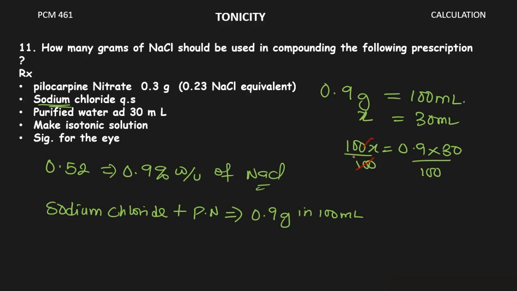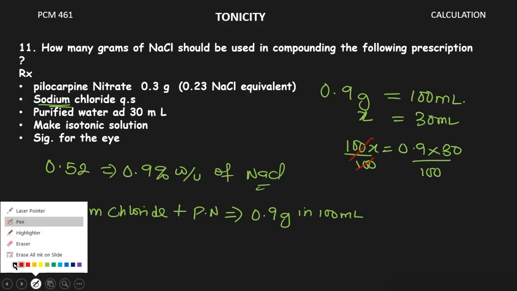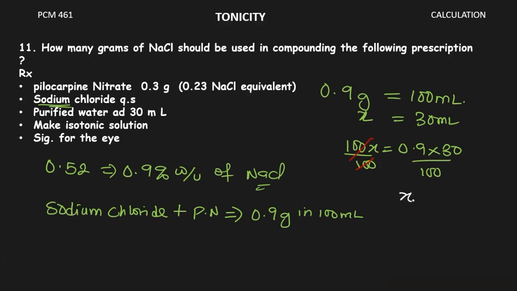So it now means that your X is 0.27 gram in 30 mil. So since the solution is 30 mil, we can now say sodium chloride plus this will give us 0.27 gram in 30 mil.